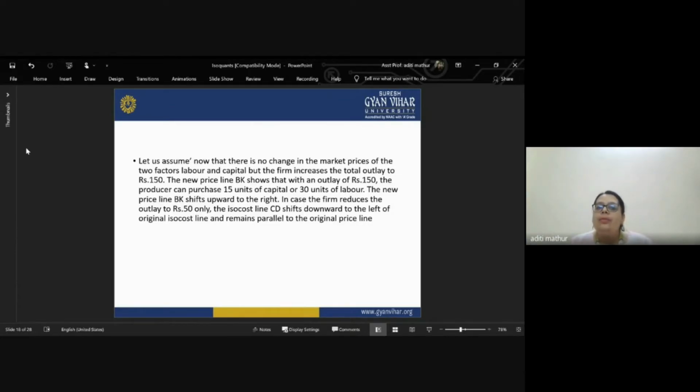The producer can purchase 15 units of capital or 30 units of labor. The new price line BK shifts upward to the right. In case the firm reduces the outlay to rupees 50 only, the isocost line CD shifts downwards to the left of the original cost line and remains parallel to it.